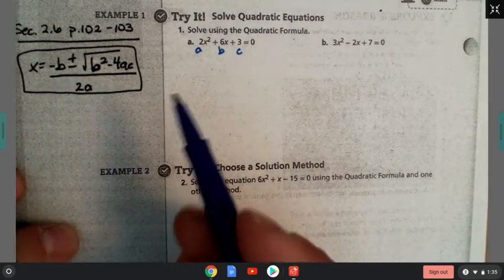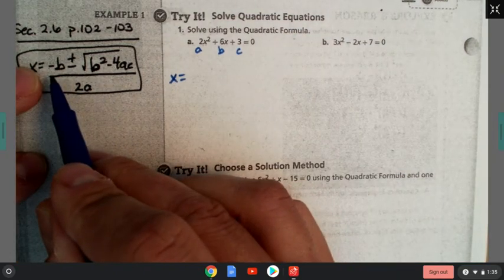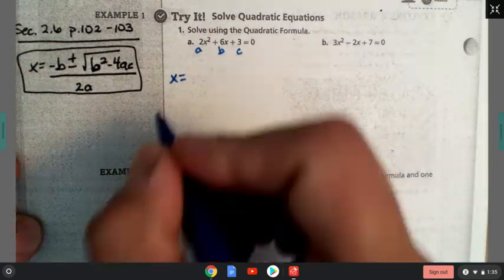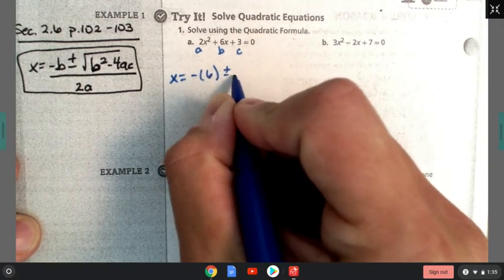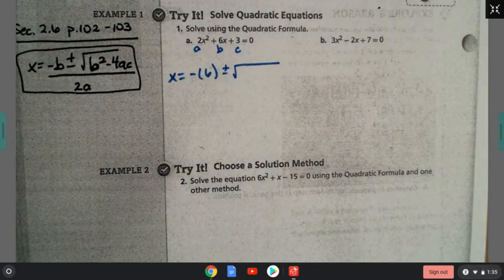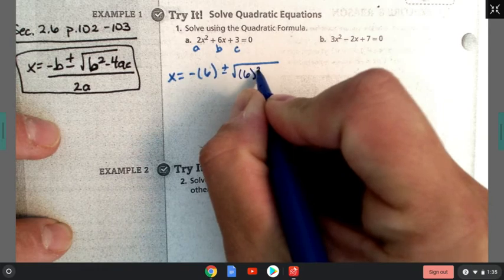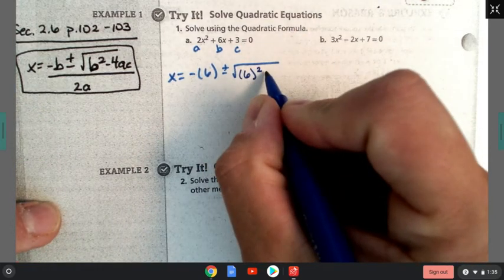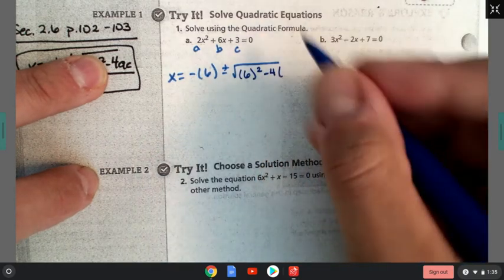So once we figure out what A, B, and C are, we're just going to plug them into this formula wherever they go. All right, so if we were to plug them in, x equals negative B, B is 6, so that would be negative 6 plus or minus the square root. Okay, now we plug in b squared, which we just said was 6. 6 squared minus 4, that's where that 4 comes from, times a times c.